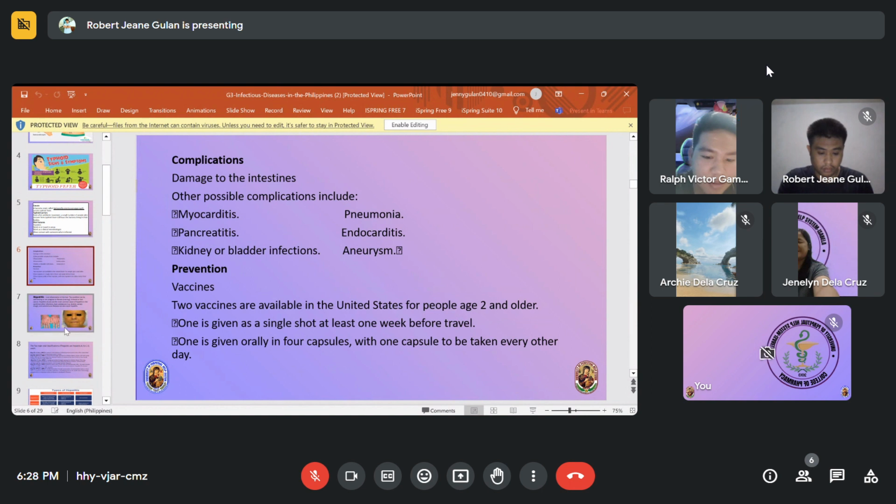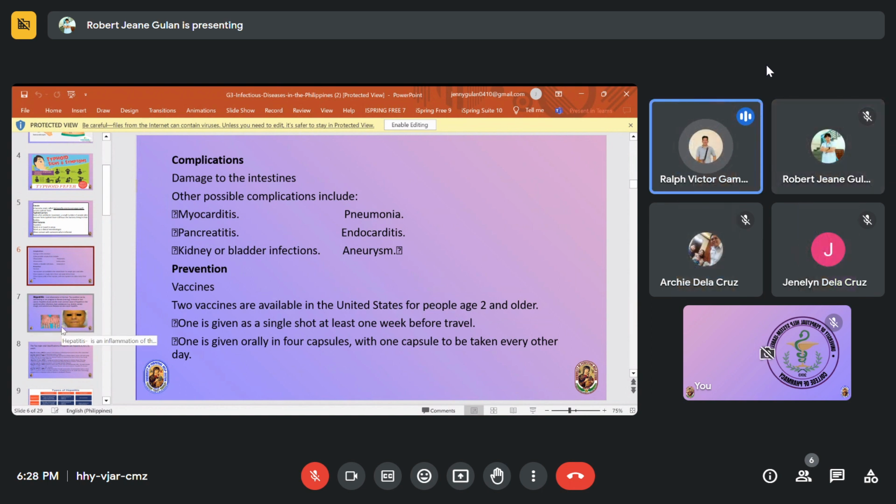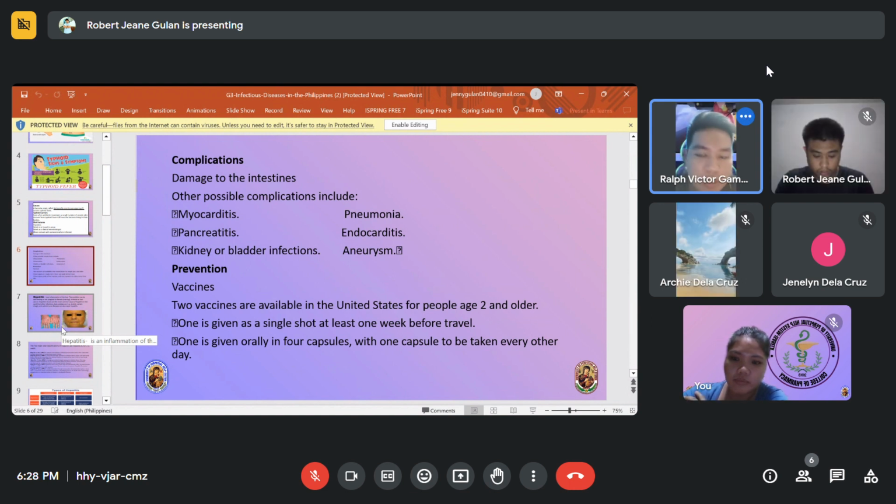Another one is endocarditis. Endocarditis is inflammation of the inside lining of the chambers and the heart valves. It is caused by bacteria or, rarely, a fungal infection. The last one is aneurysm.